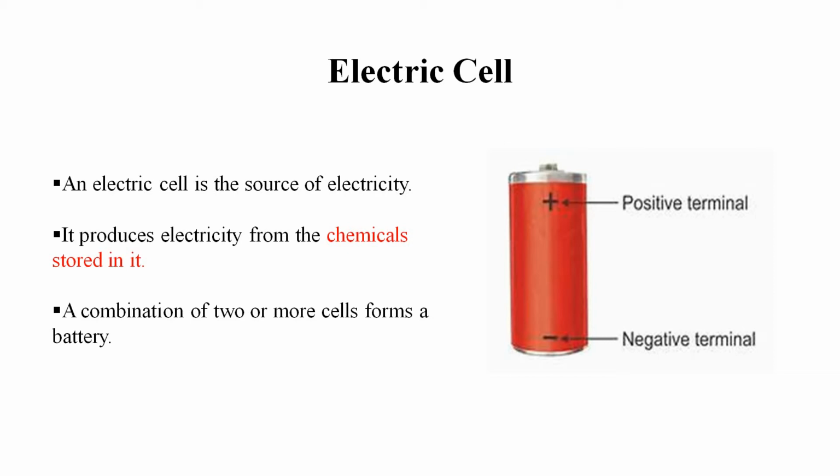Students, if we carefully observe an electric cell, we will find that it has a small metal cap just under which is a plus sign. This is the positive terminal of the cell. At the other end of the cell, there is a flat metallic disc with a minus sign just above the disc.